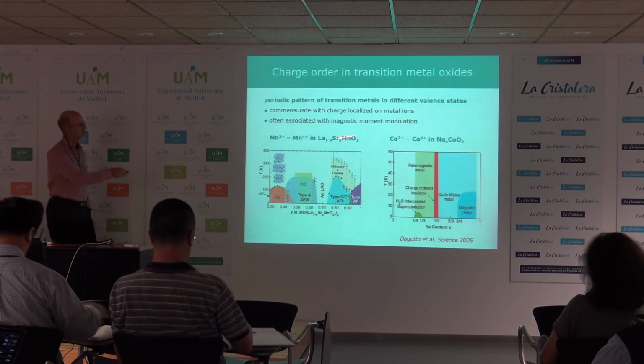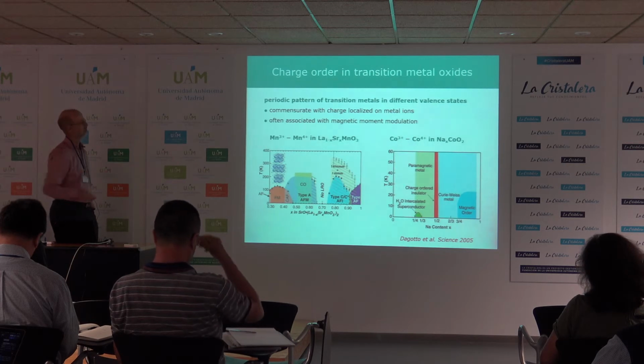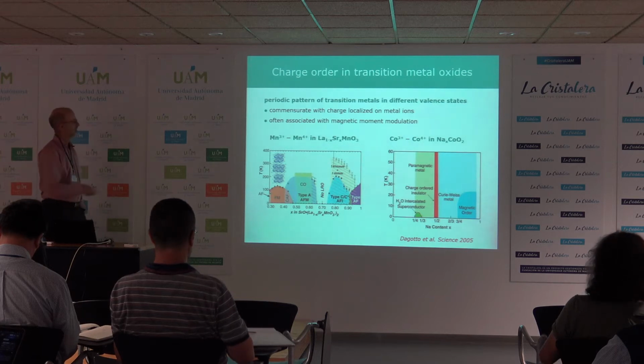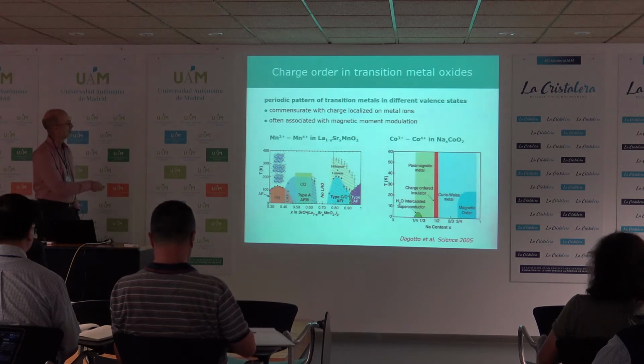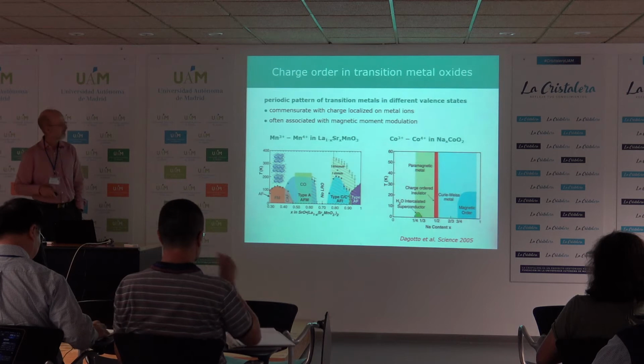But then when you start varying the electron density by chemical substitution, you're going from one limit to the other. So you're going from the 3+ compound, lanthanum MnO3, all the way to strontium MnO3, which is based on manganese 4+.